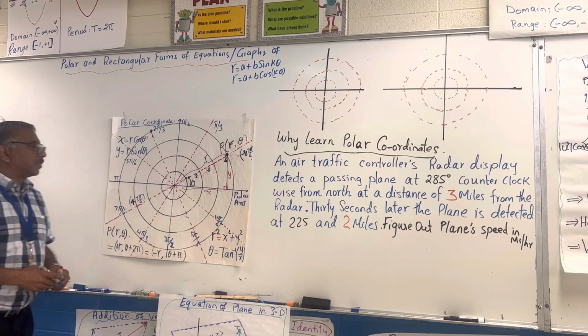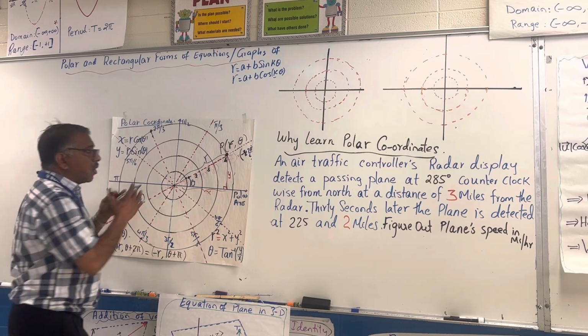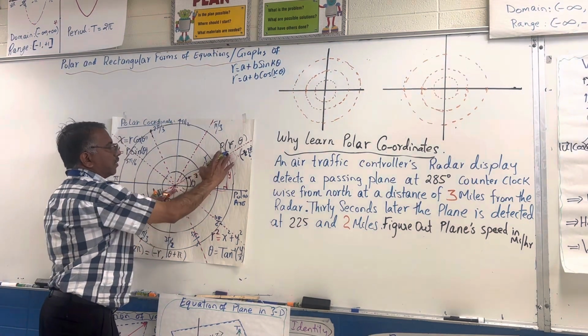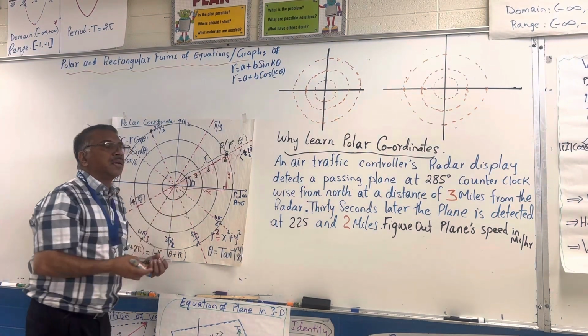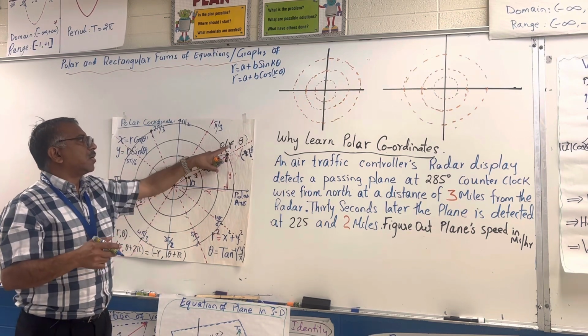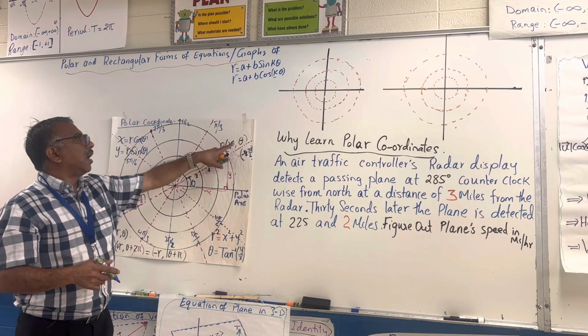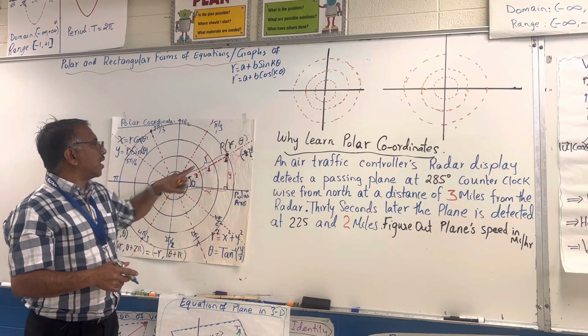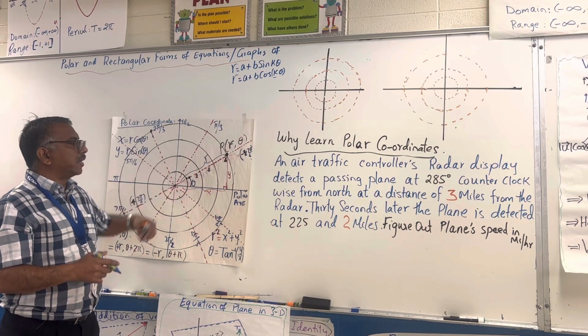So the question is, if you know how far away the point is, and the angle, we use what are called polar coordinates, written as r comma theta. So r is how far away from here, and theta is the angle that is made.